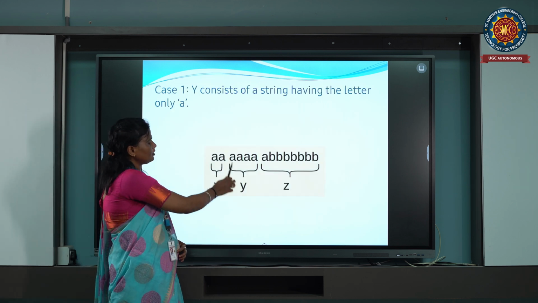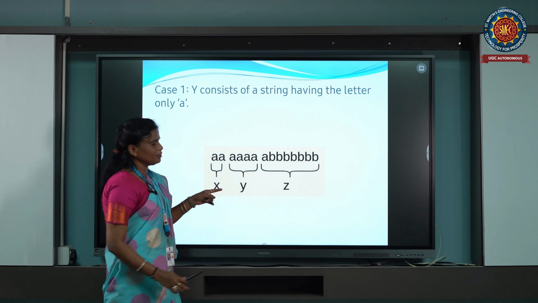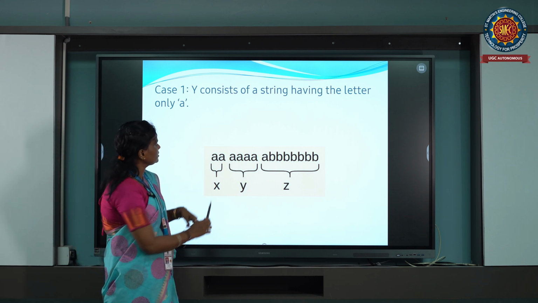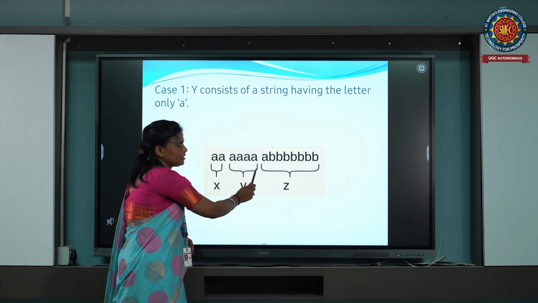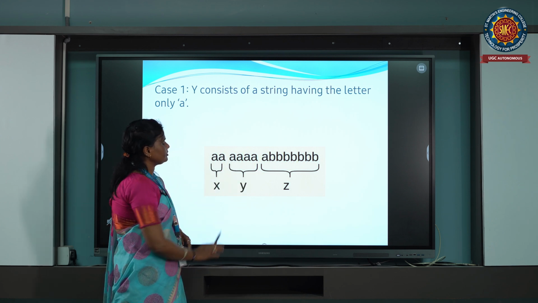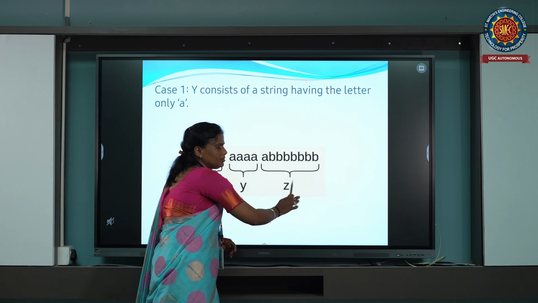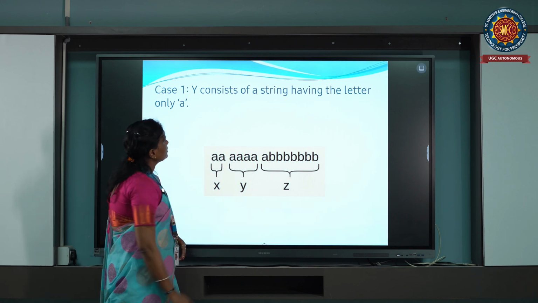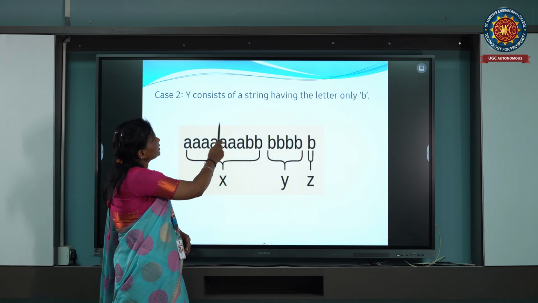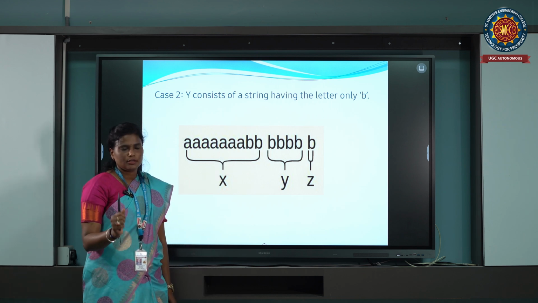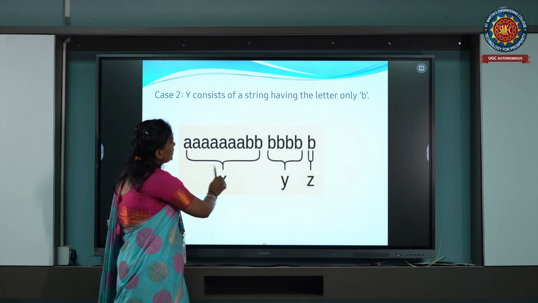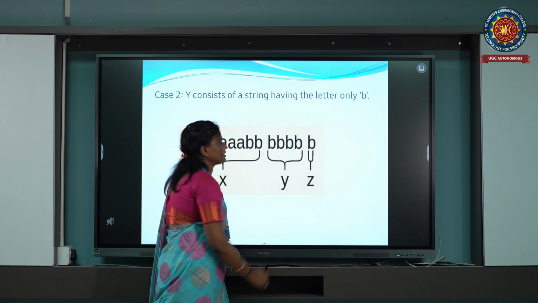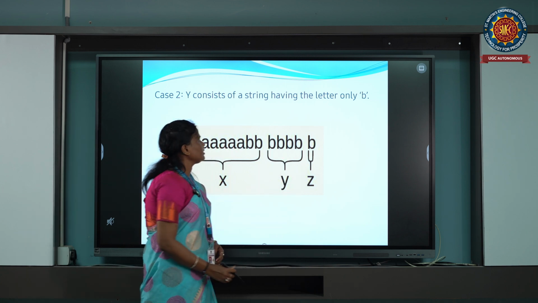I take y as only a's, with x as the first a's and z as the remaining symbols including the b's. This is case 1. Then case 2: y consists of only the symbol b. Here I take all the a's and some b's as x, y as 4 b symbols, and z as 1 b symbol.